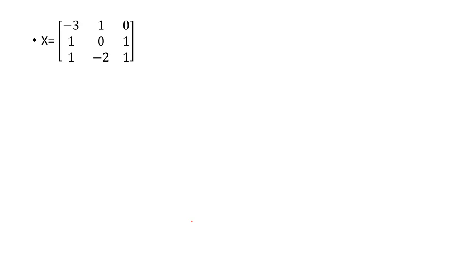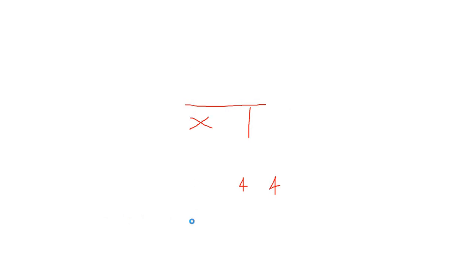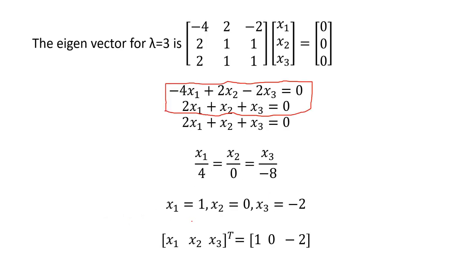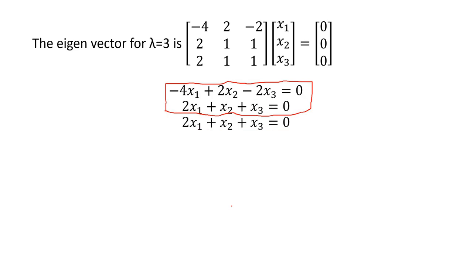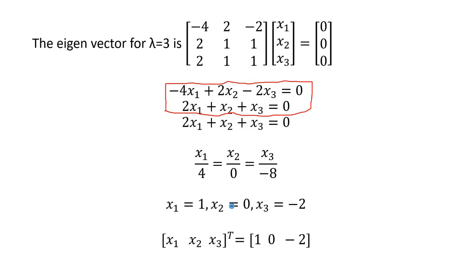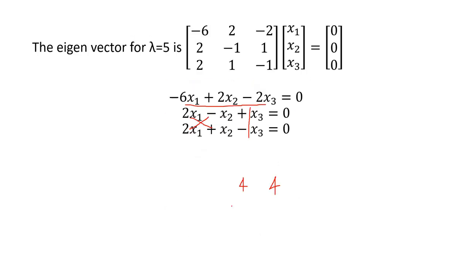Now we form the model matrix X with the eigenvectors as the column vectors. We got the first eigenvector as minus 3, 1, 1, the next eigenvector is 1, 0, minus 2, and the next eigenvector is 0, 1, 1.